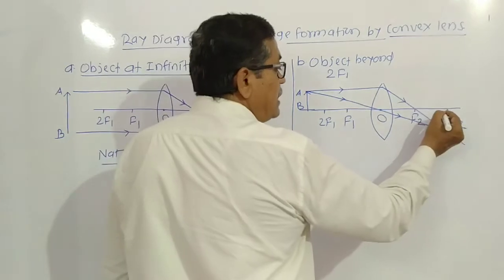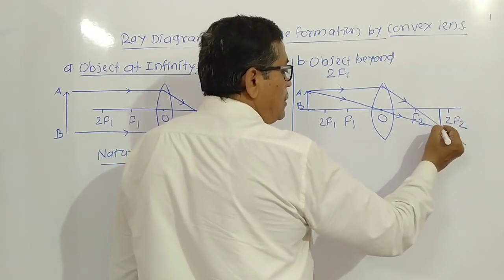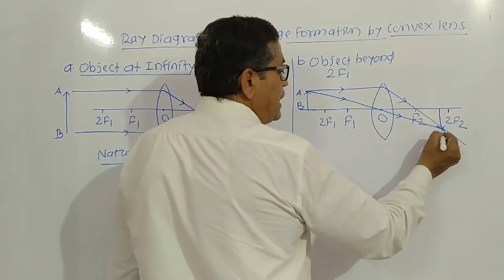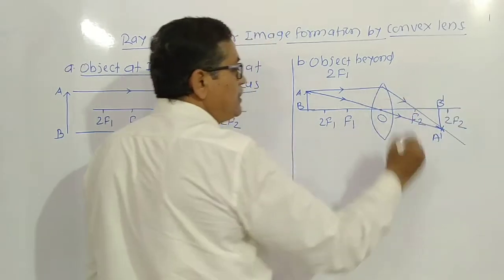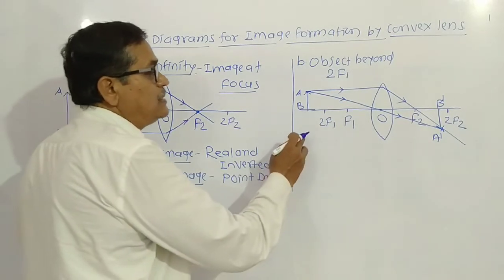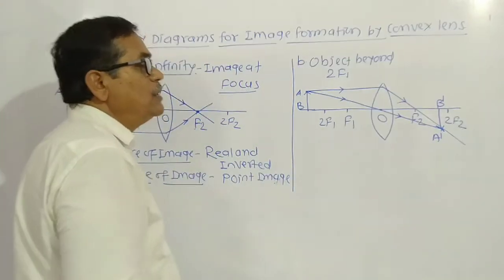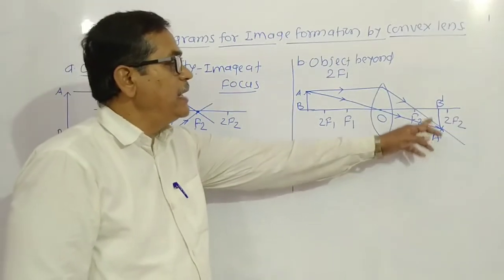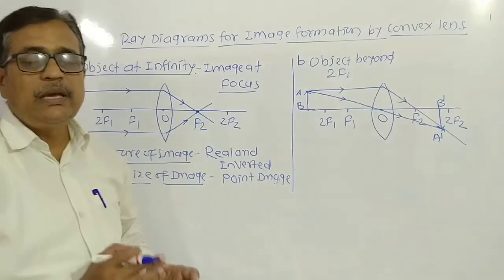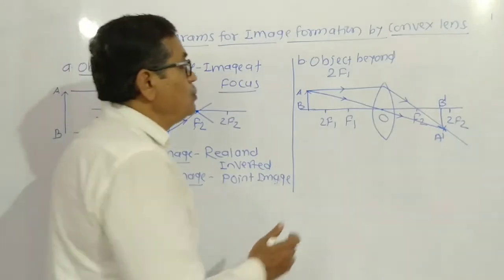These two refracted rays meet between F2 and 2F2. That is A dash B dash, the image. Look here, these two light rays meet between F2 and 2F2, in this way, A dash B dash is the image.